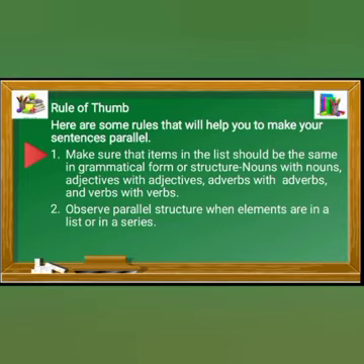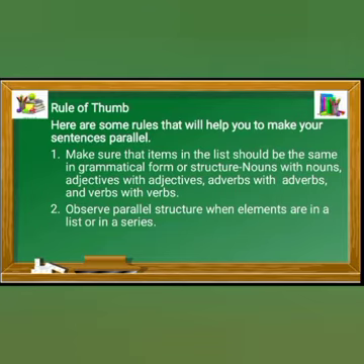Make sure that items in the list should be the same in grammatical form or structure: nouns with nouns, adjectives with adjectives, adverbs with adverbs, and verbs with verbs. Number 2. Observe parallel structure when elements are in a list or in a series.